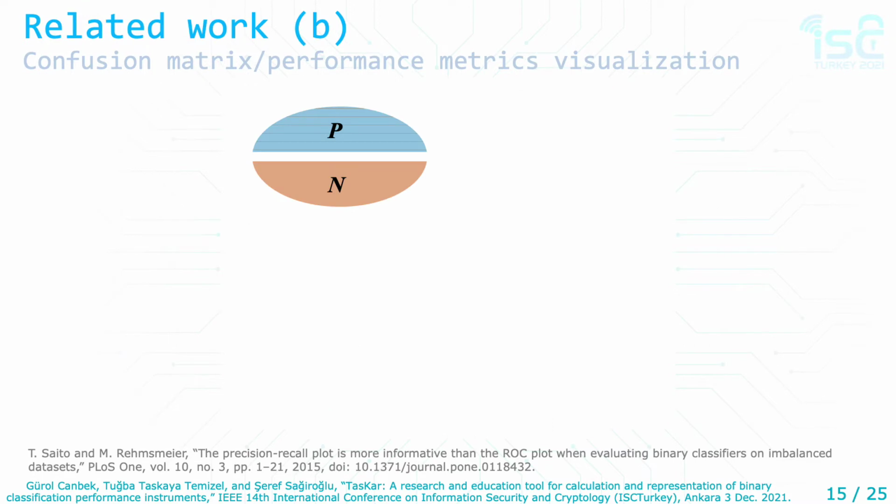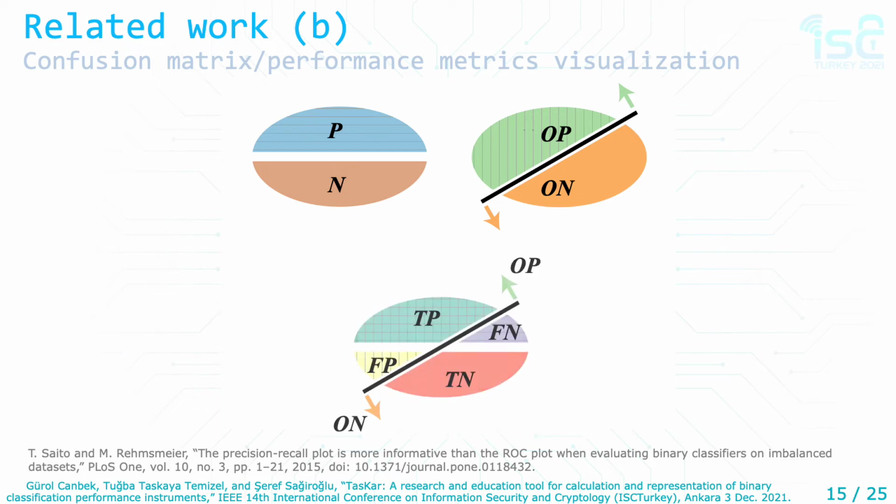The second approach employs a visual representation for confusion matrix and 4 base measures via relative sized semi-ovals. Here you can see the ground truth, and via a line bisecting these ovals, it shows the relative sized outcomes. Each section yields also the relative sizes of the confusion matrix.